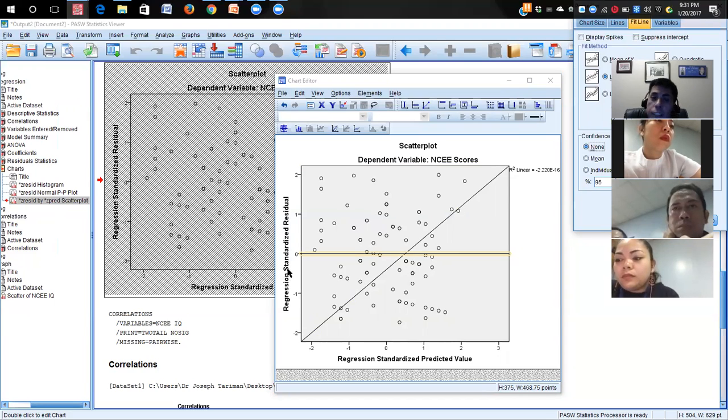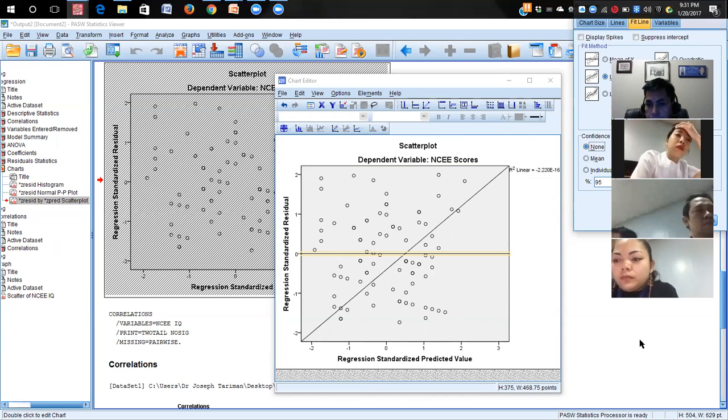These are standardized residual and standardized predicted value. These are all regression standardized residual, regression standardized predicted value. And so when you look at this line, you can see that all of your observations are nicely scattered.